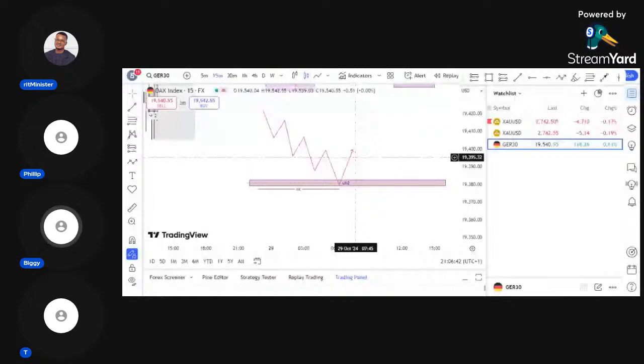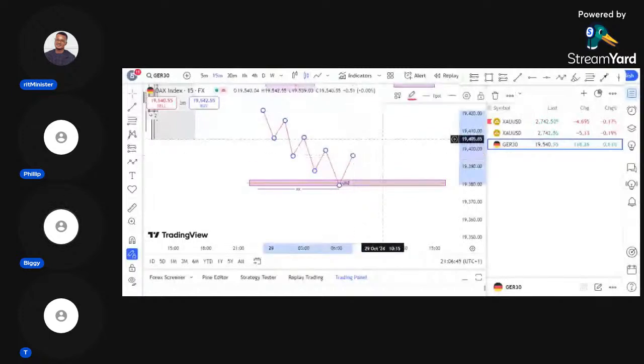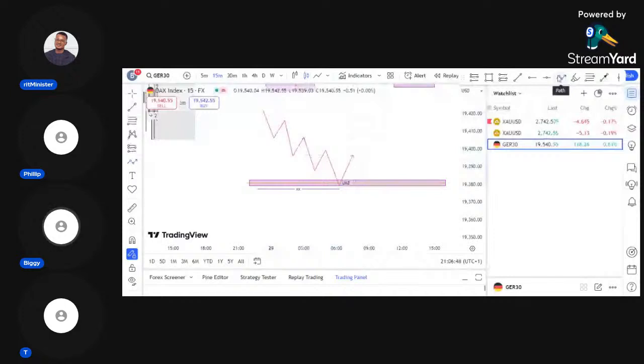I would wait for the price now to give me a third leg SCOB, to give me something like this, to come back into the zone. And then while coming back, I should see another form of SCOB, making it the third leg SCOB. That's where I can look for the buy.